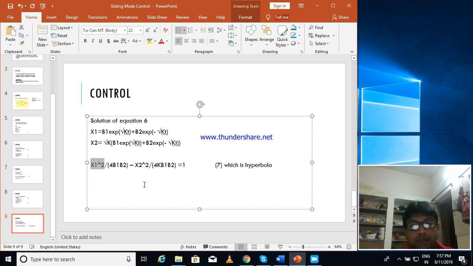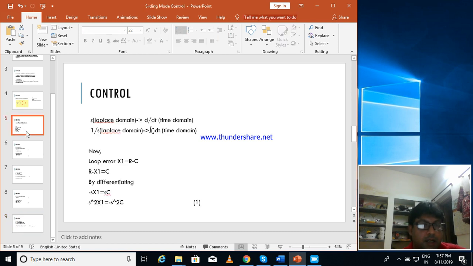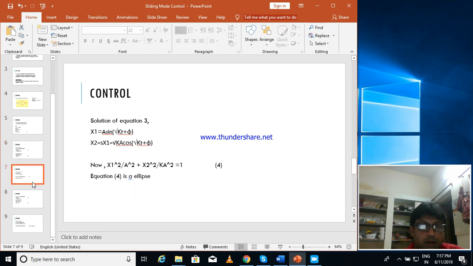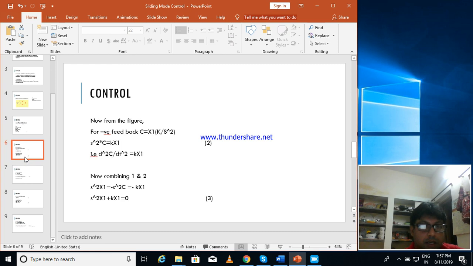So from this explanation, this is the first lecture. From there we have understood that when the control system is working with the negative feedback portion of the controller, the phase plane locus will be an ellipse.